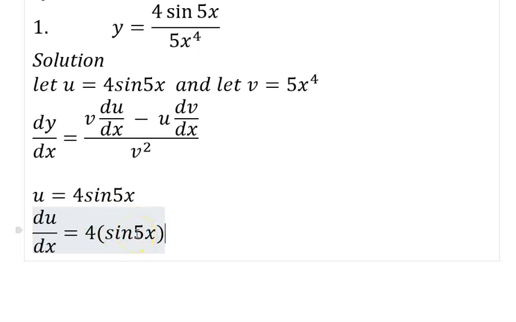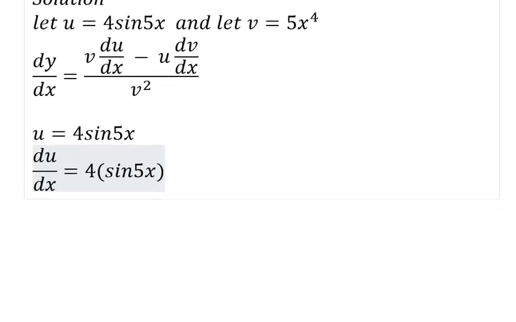Because if sine ax gives us a cos ax, that means sine 5x will give us 5 cos 5x. That's the meaning. So you can check out our video on product rule, where we were able to iron out these standard derivatives.